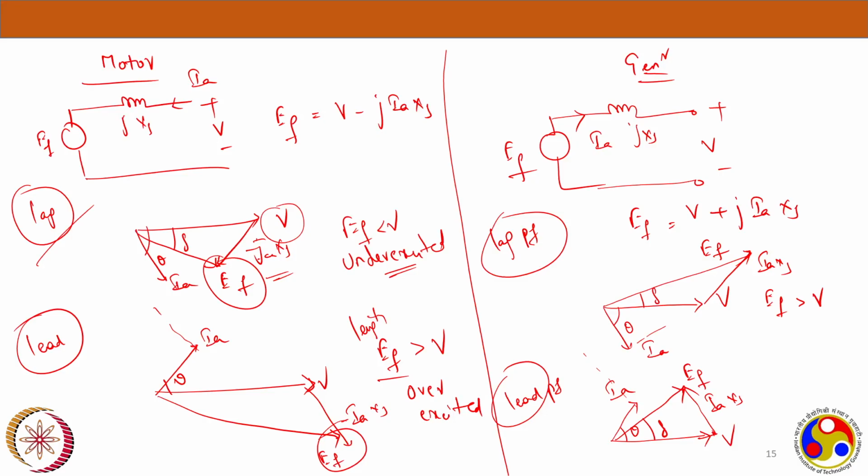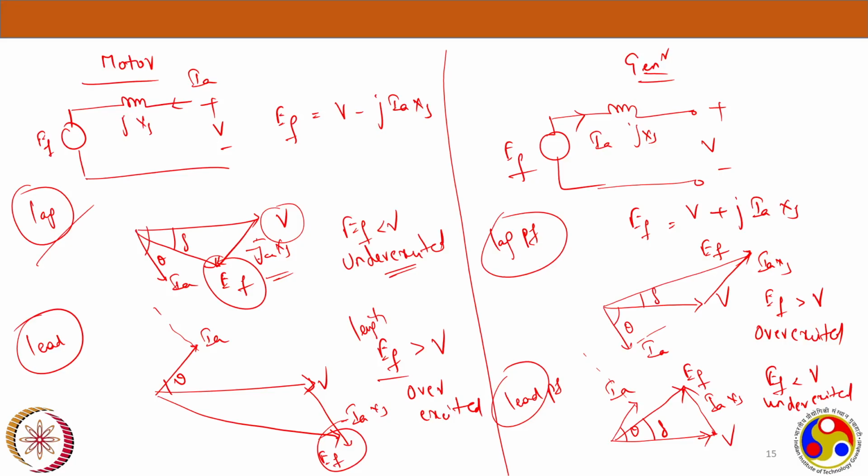So as far as your GATE concepts are concerned, this particular slide which you are seeing here is very important. If you understand this concept, at least one problem will definitely be there in your GATE exam. Here we have 4 different conditions inside this synchronous machine: synchronous motor operation and synchronous generator operation, and within the motor and within the generator we have lagging and leading conditions.